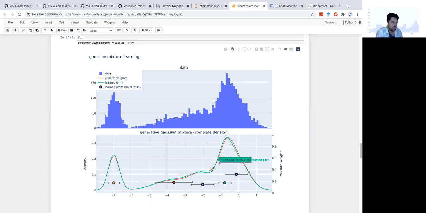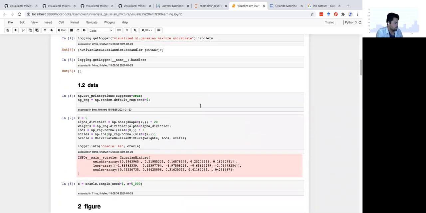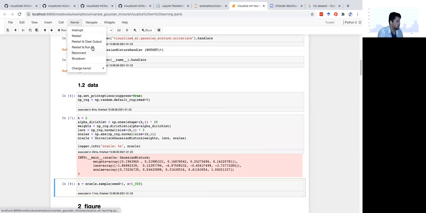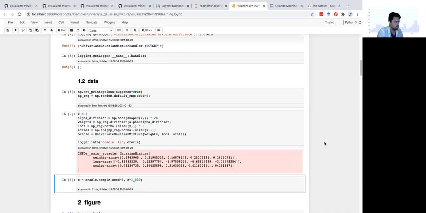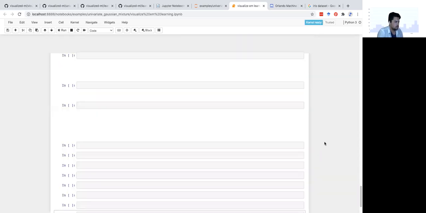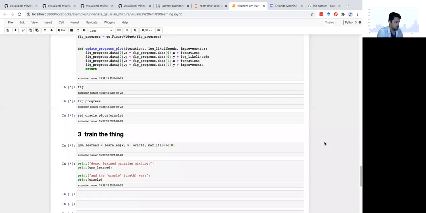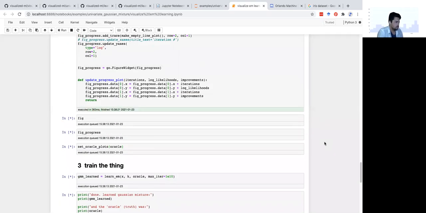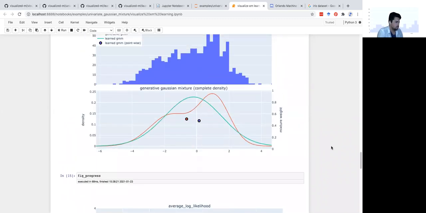Like there's one centered here, one centered there. Maybe I can rerun this with 2 components and 1,000 samples, and maybe it'll be clearer. Here we go. Oh, interesting.